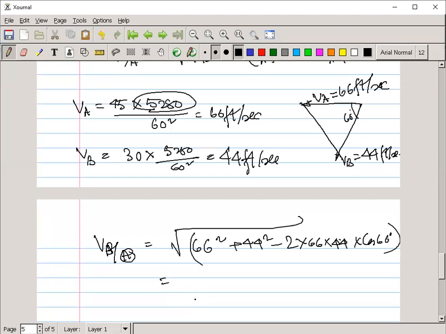Root over of that gives us 58.2 meter per second. So this is the velocity.